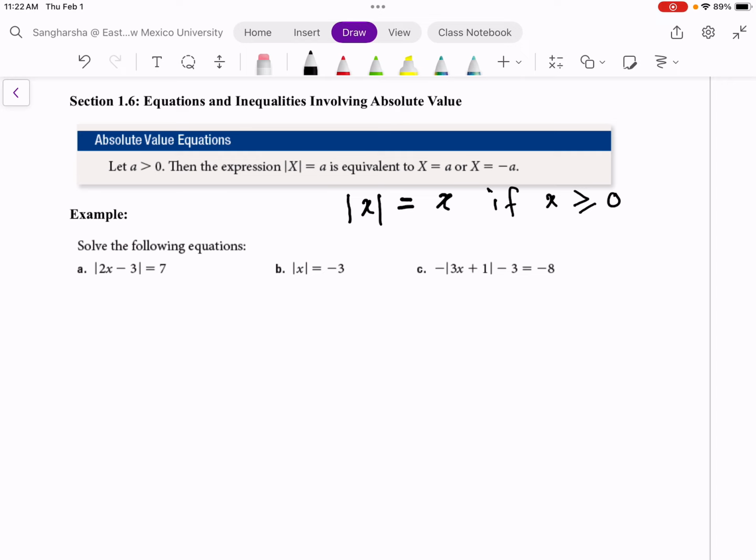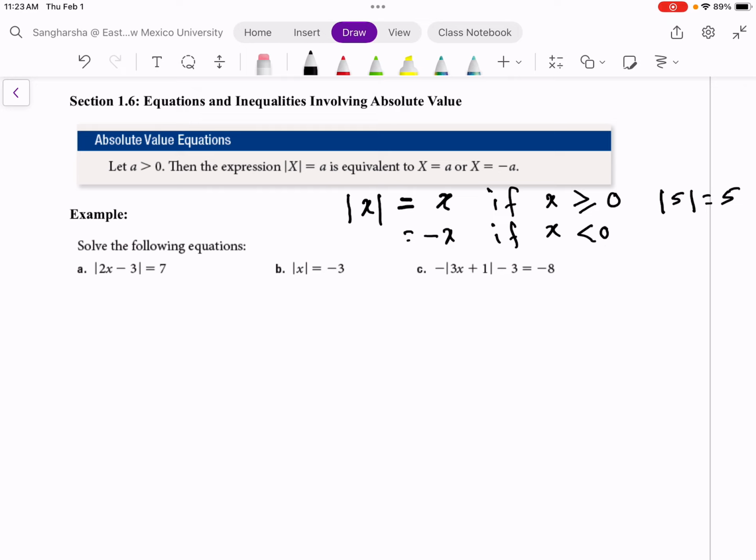For example, the absolute value of 5: 5 is a positive number, 5 is greater than 0, and the absolute value of 5 is the same number, which is 5.